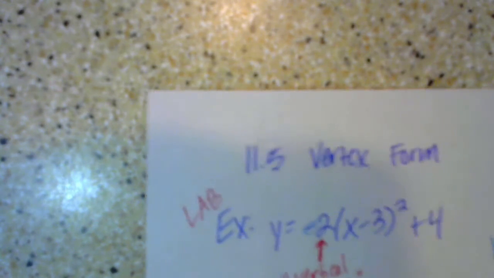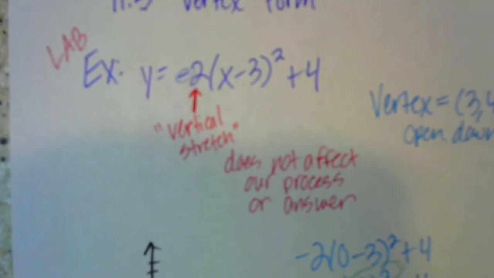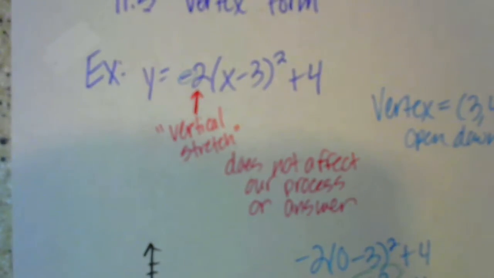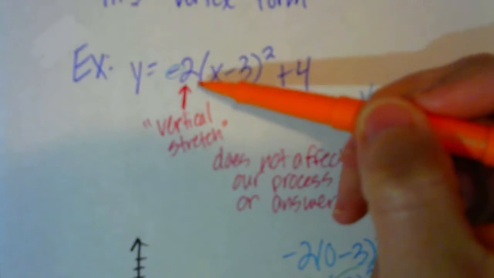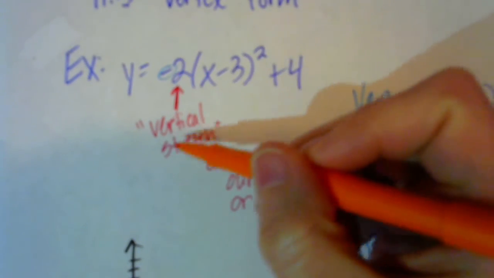Okay, so I'm going to graph this one with you, because this might end up being on your test. But sometimes there's a number in front. Now, you're not going to have to name it. This won't be on the test.